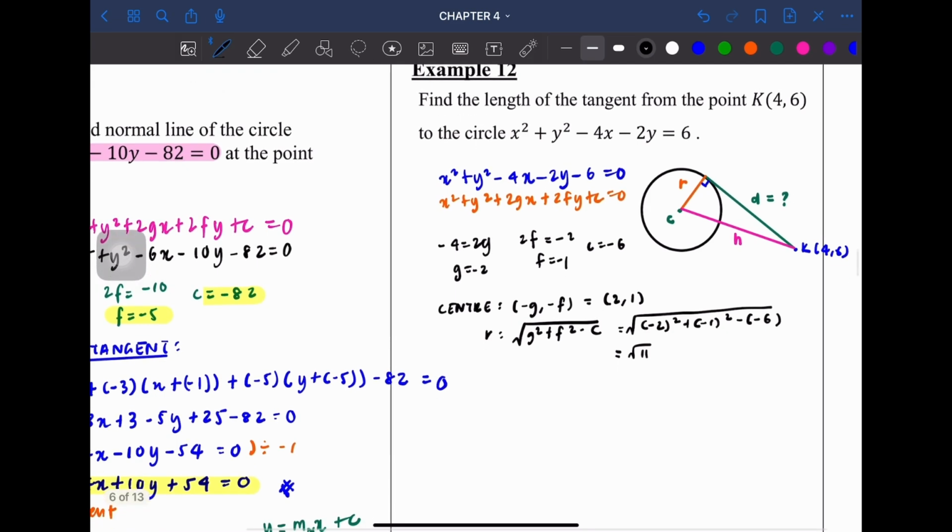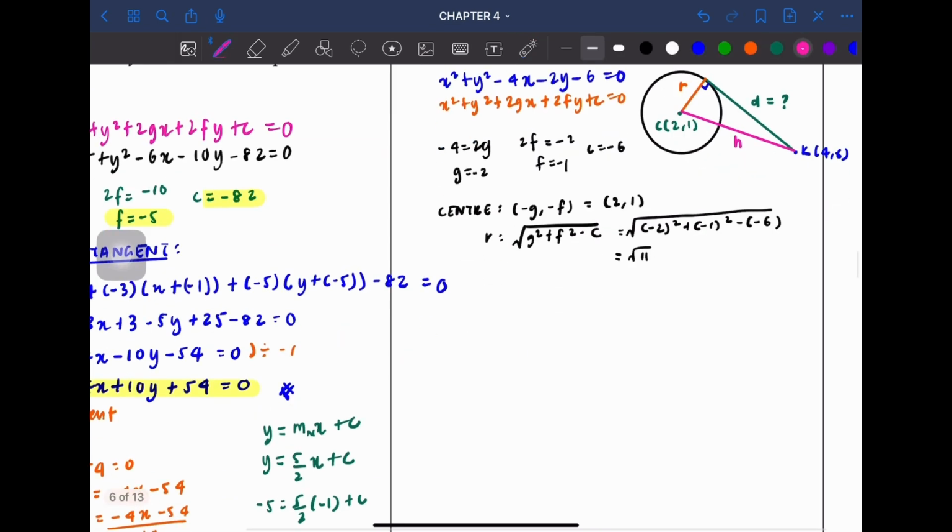First we can find the h. Because we already have the coordinate of the center, which is 2, 1, we can find h using the formula for length of distance.